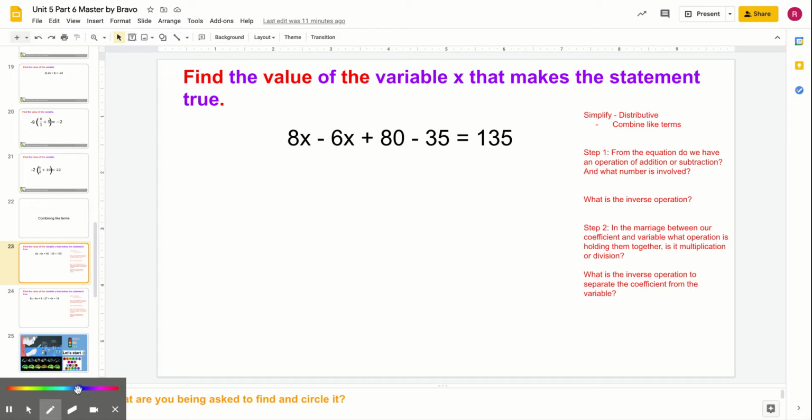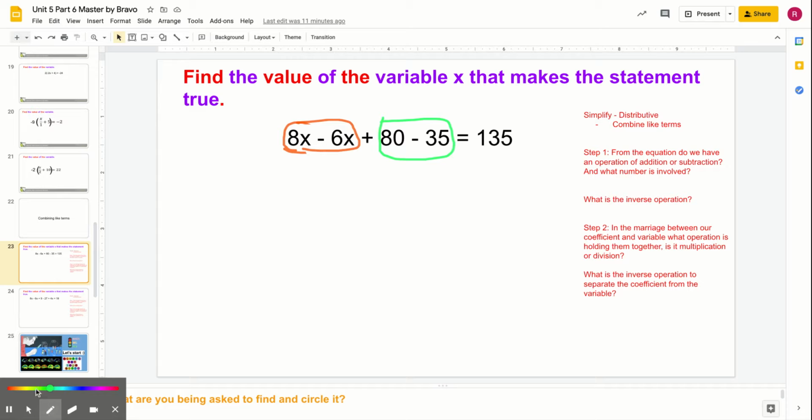But anyways, looking at this problem, we can see that we have things in common. We have things that look like, for example, that x and also that -6x. So I'm going to color them in red, both of them. I also notice I have pure numbers. On this side, I have the 80 and then -35.